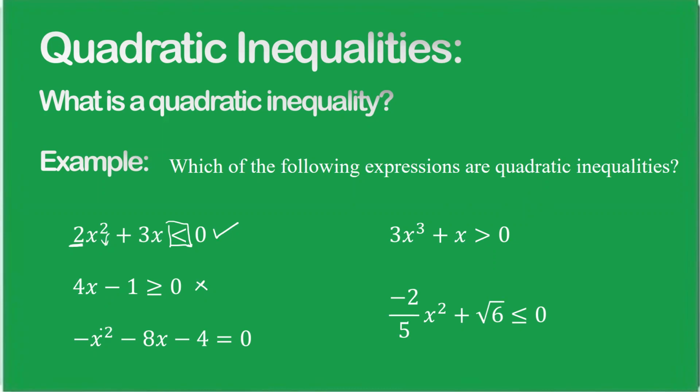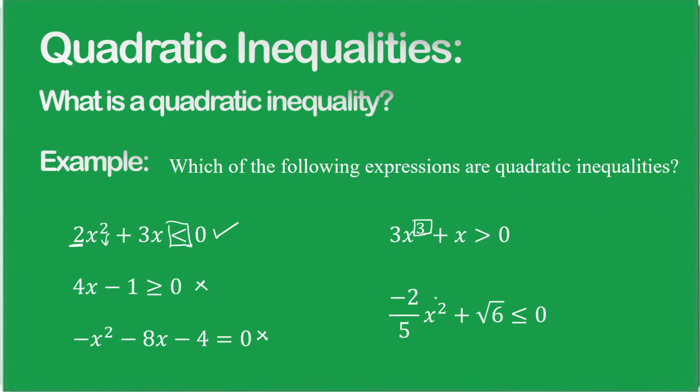No, actually, it is a quadratic expression, but as you see here, we don't have an inequality symbol. Here we have the equal to symbol, so it is not a quadratic inequality. It is a quadratic equation. What about the fourth one? The fourth one is not a quadratic inequality. It is an inequality, it's okay, but it is not quadratic because the power is 3, not 2.